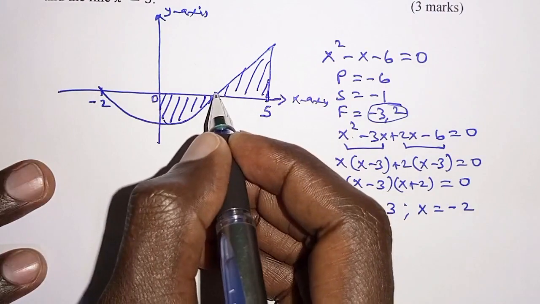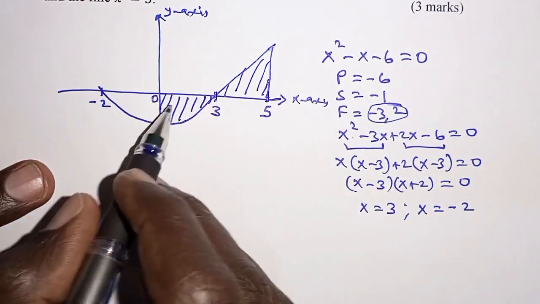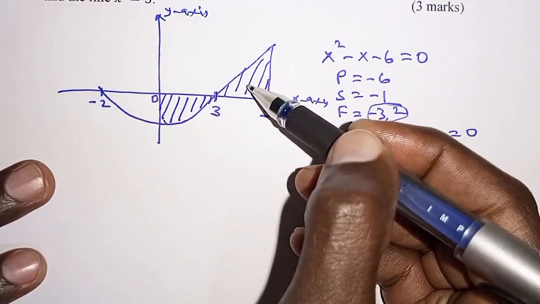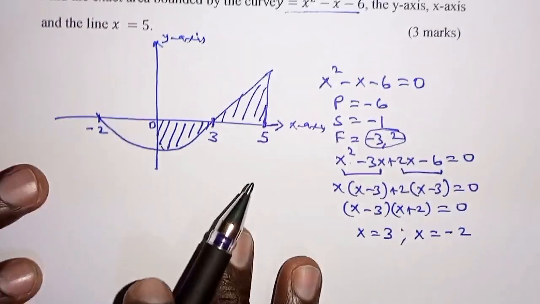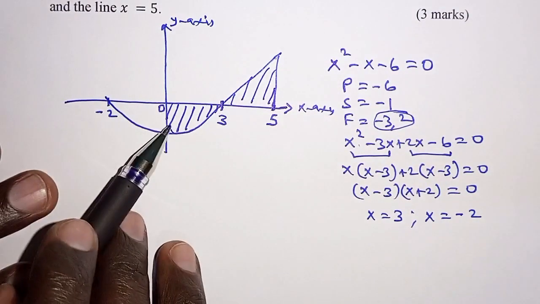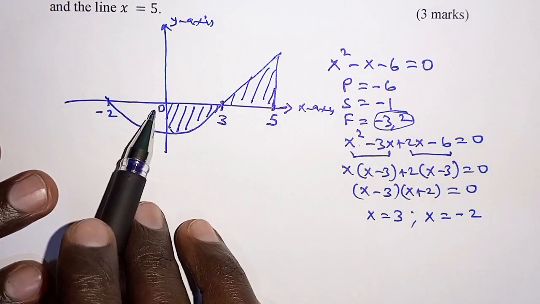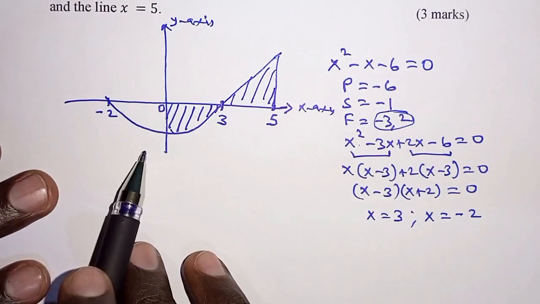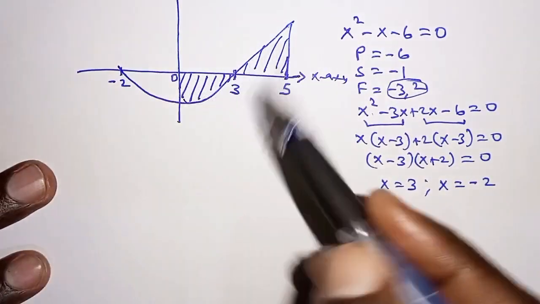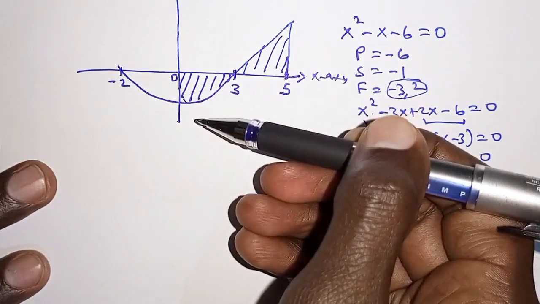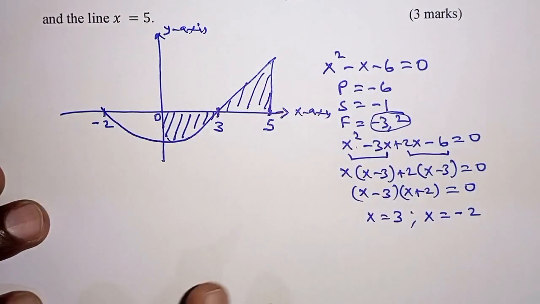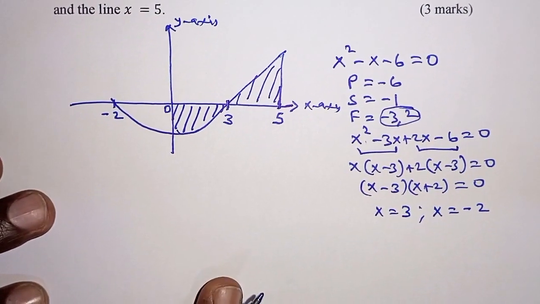So as you can see, this part here is on the lower part of the Cartesian plane, which is considered negative, and this other one is on the upper part, considered positive. So this should tell us that the results we'll get between 0 and 3 will be negative, but because it's area, we'll ignore the negative. The negative just shows the direction on the lower part, and then the upper part, we expect positive result.